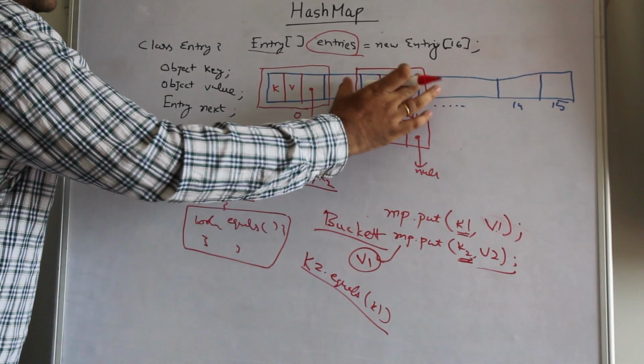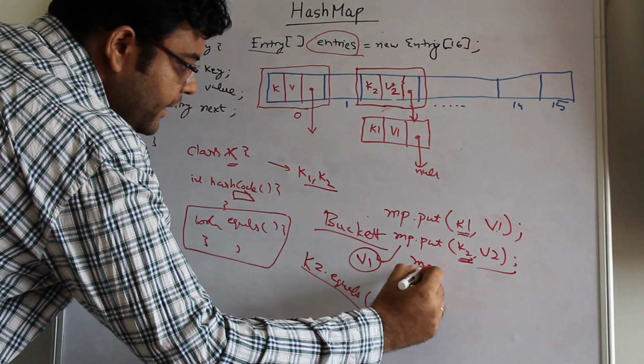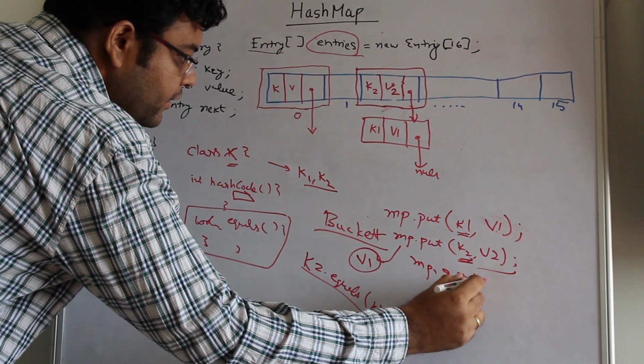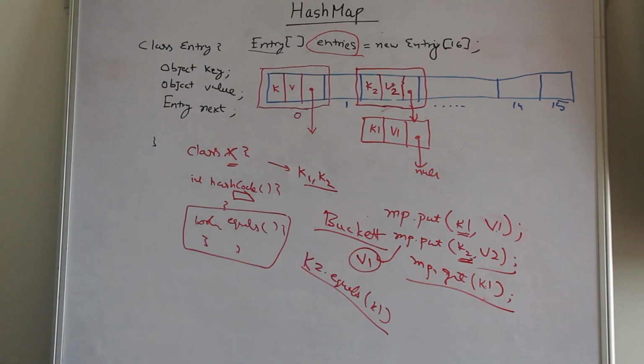Now we'll see what will happen when somebody calls mp.get on k1, for example.